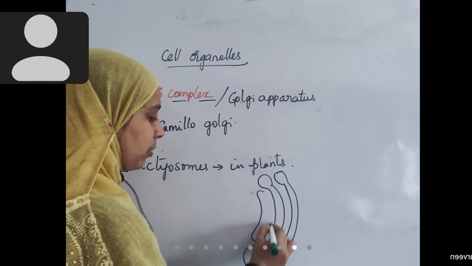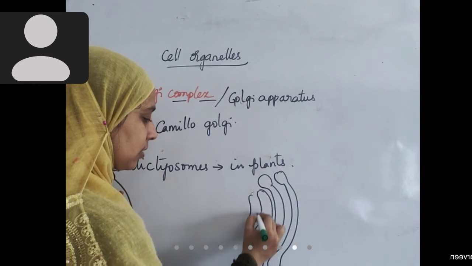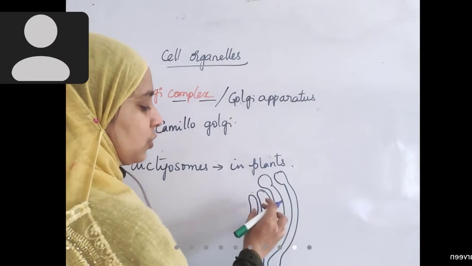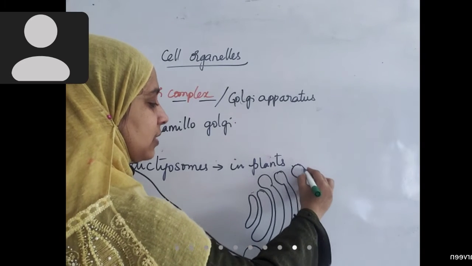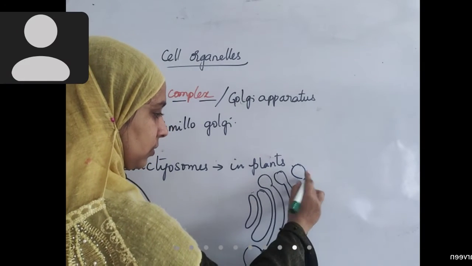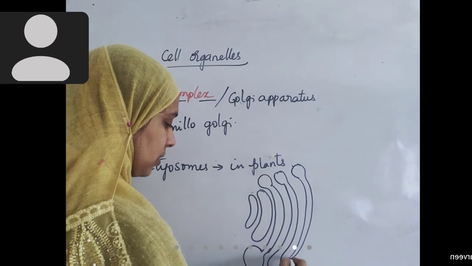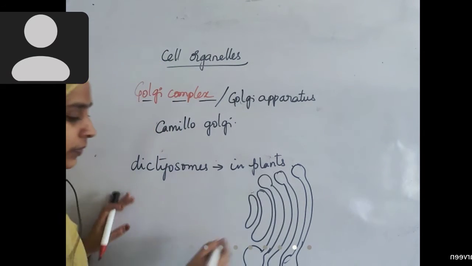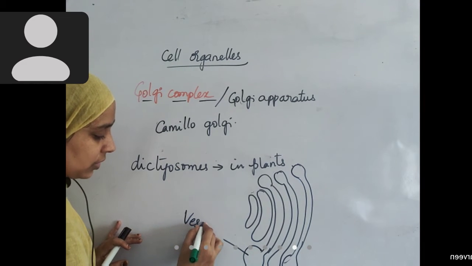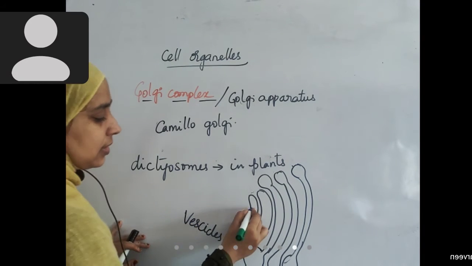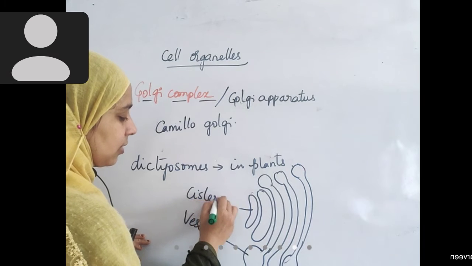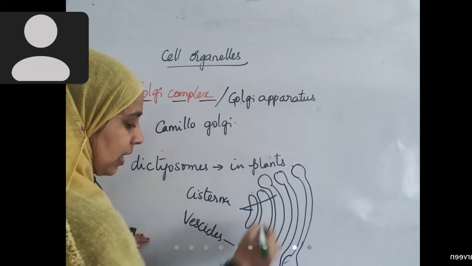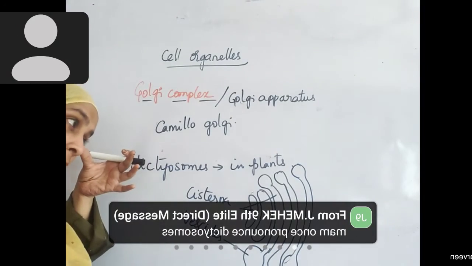The newly formed ones do not have those vacuoles, simply cisternae. When it is growing and completely developed, these vacuoles are formed. Sorry, vesicles, I am confusing you. Vesicles are formed. These are cisternae, even this is cisternae only. The ends which are bulged are vesicles.